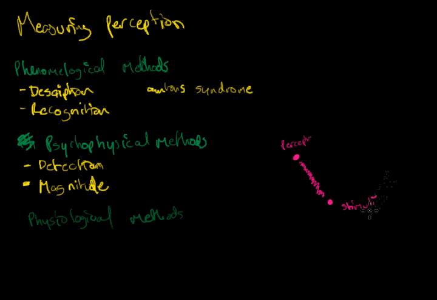We change the stimuli and we try to discover if there is a change in the perception. So we change the amount of light or the volume of the sound, and we see what happens to the person's perception. But there's a whole load of underlying machinery of neurons.